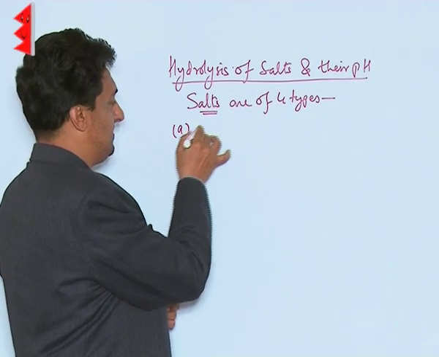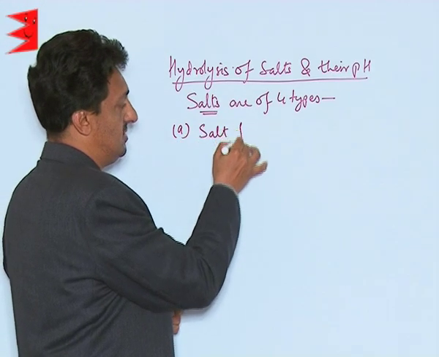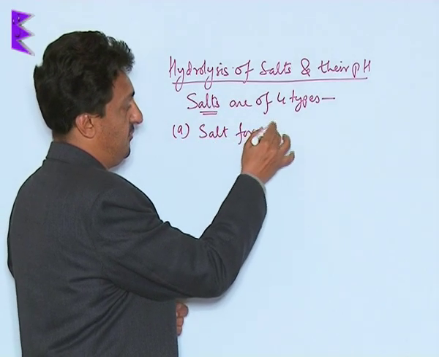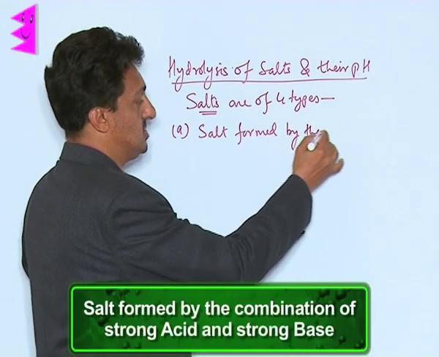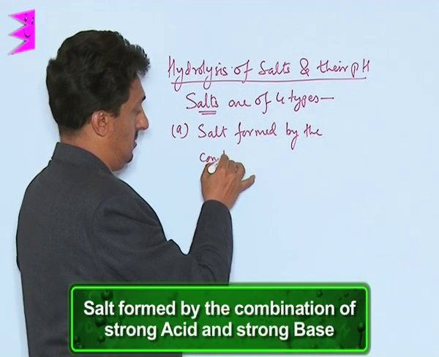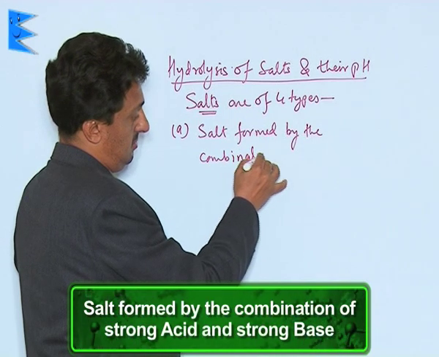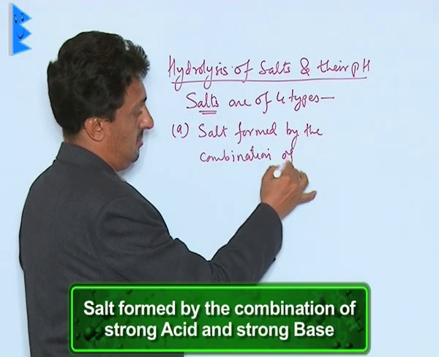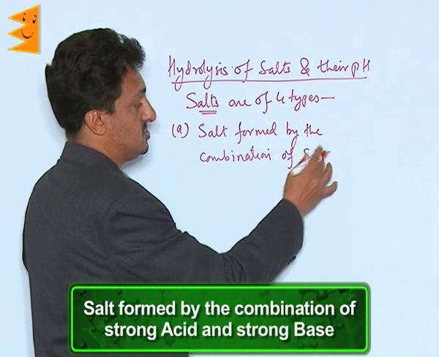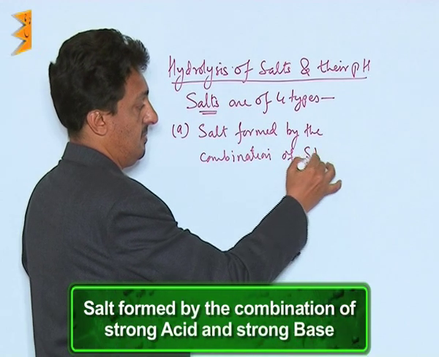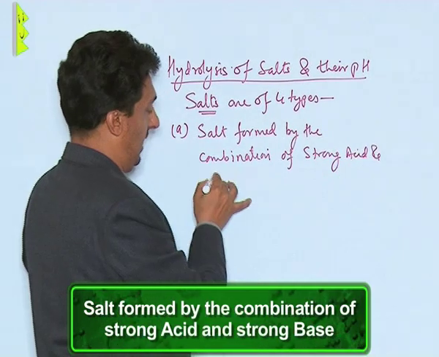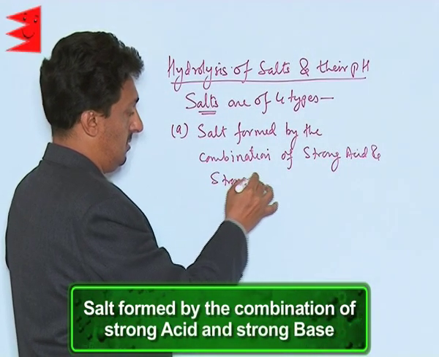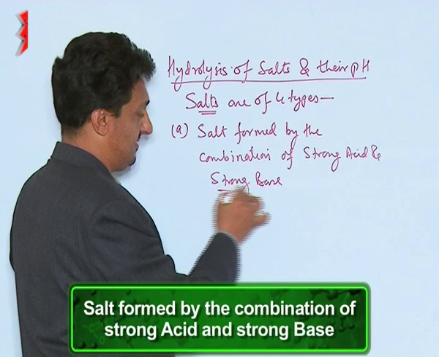The first type is salt formed by the combination of strong acid and strong base.